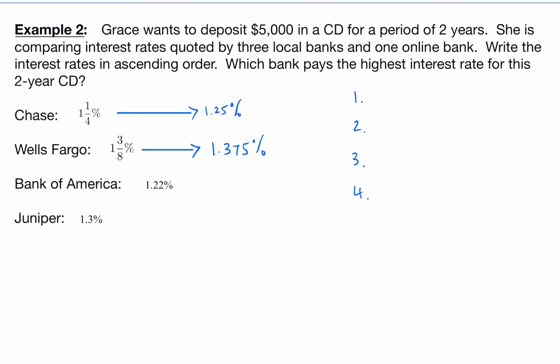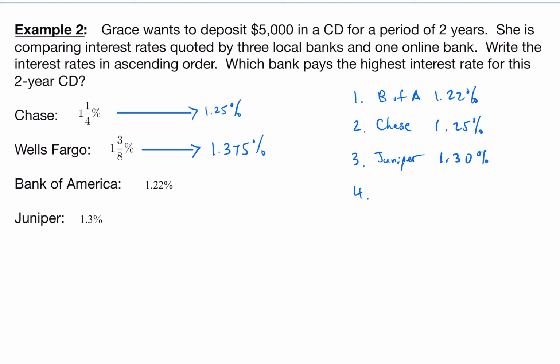So in comparing these numbers, okay, we see that Bank of America offers the lowest, okay? So I'm going to call this B of A, and that's at 1.22%. And then we look at the next, we see that Chase offers 1.25%. So we're going to go ahead and write that down. Chase is 1.25%. And the next one is Juniper. We've got 1.3%. Juniper, 1.3.